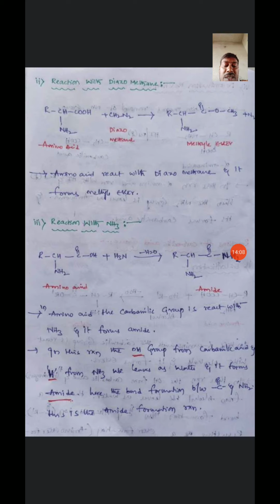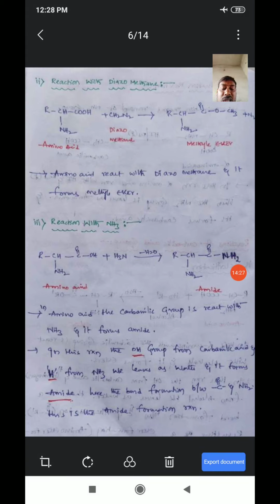In the reaction the OH group from the carboxylic acid and hydrogen from NH3 leave as water, and it forms amide, with a bond between C double bond O and NH2. So this is the amide formation reaction. RCH NH2 C double bond O H, the alpha amino acid, reacts with NH3 ammonia with loss of a water molecule and forms the amide RCH NH2 C double bond O NH2.